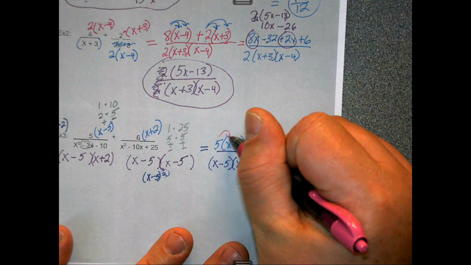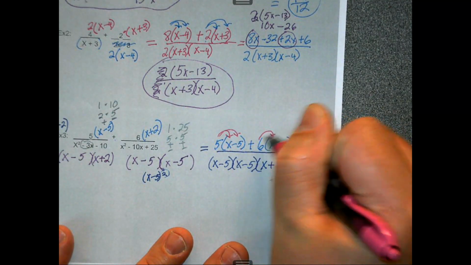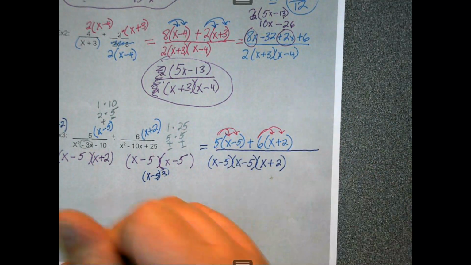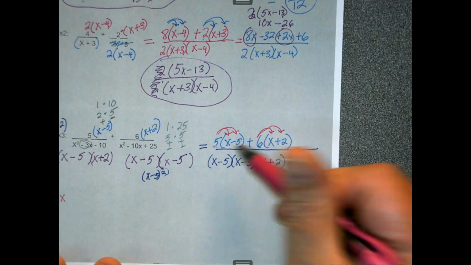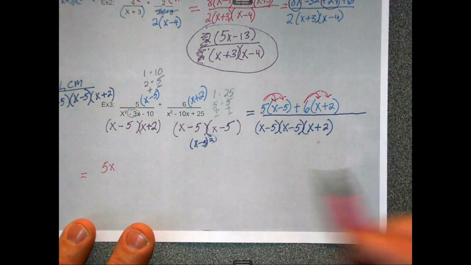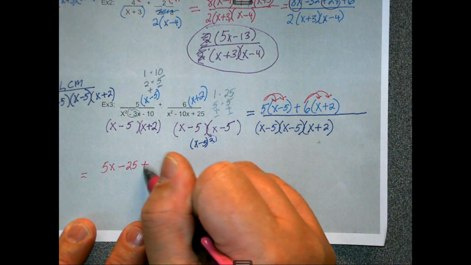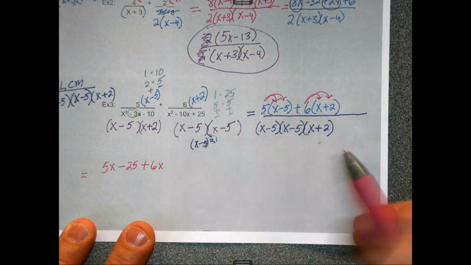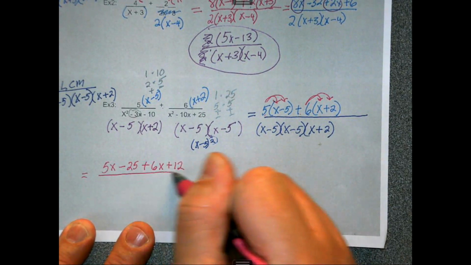I have to distribute the number out in front. So 5 times x, 5x, good, minus 25, good, Maddie, plus 6x, awesome, plus 12, great. And my denominator remains the same.